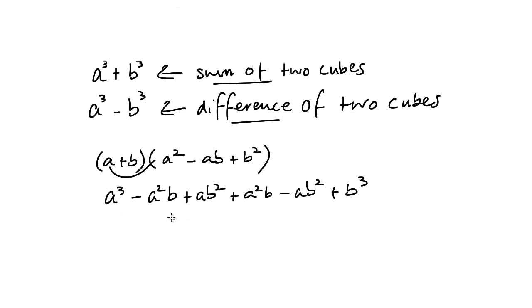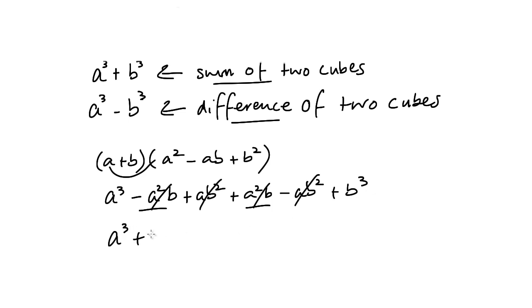If I collect the like terms, I end up with negative a squared b and plus a squared b. Well, they cancel each other out, and I end up with plus ab squared and minus ab squared. Well, they cancel each other out, and all I'm left with is a cubed plus b cubed.